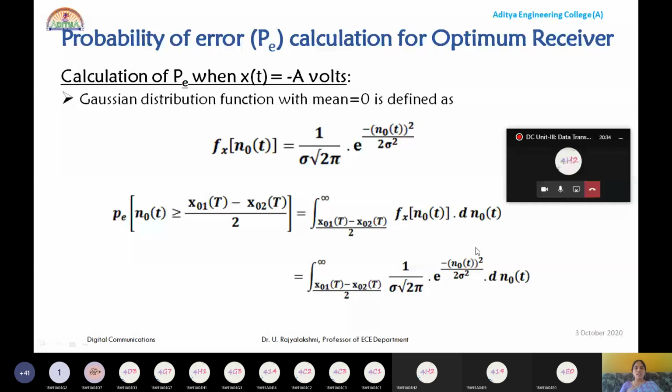What we did here is assume n naught of t whole square divided by 2 sigma square as some y square, because our intention is to represent this in the form of the complementary error function, which is 2 by root pi integral from u to infinity e power minus y square dy. Then you can represent that complementary error function as ERFC of u. That's why we assumed the power value as y square.